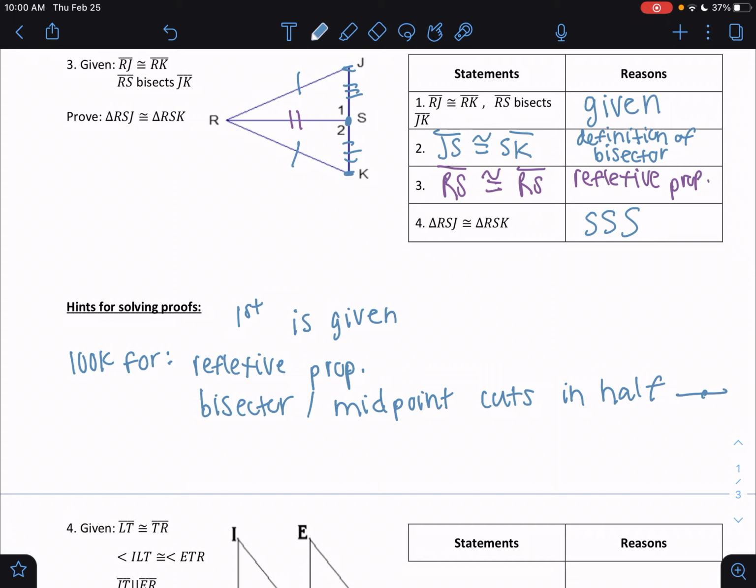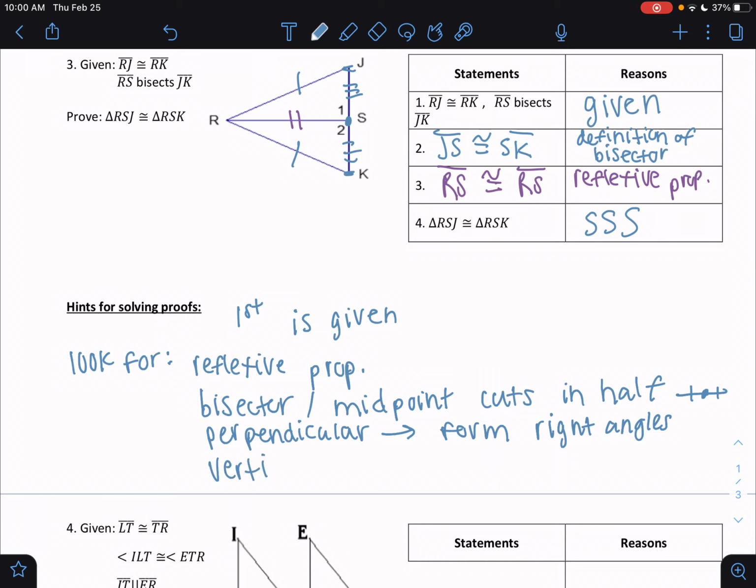So you're going to have congruent sides here. And then perpendicular is going to form right angles. And you also want to look for vertical angles because those are going to be congruent. So those are a few things just to look out for as you're going through.